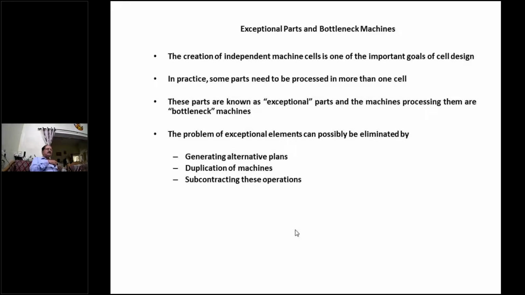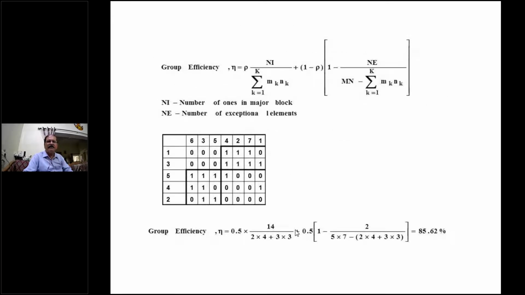These exceptional elements have to be treated properly in the actual field. So we look at here. These are the block diagonal structures, and these ones do not belong to any block diagonal structure. These are the exceptional elements.